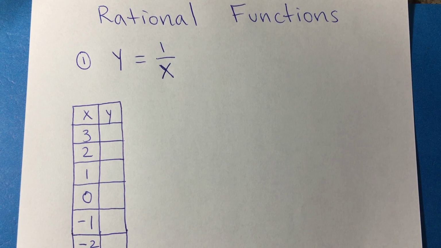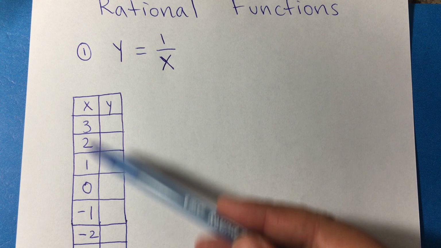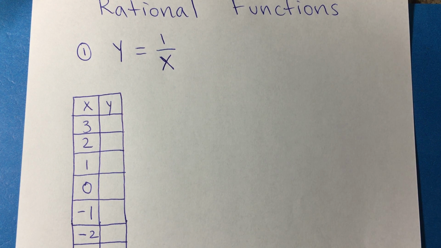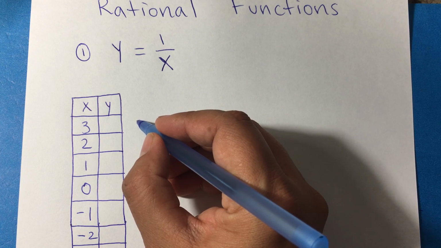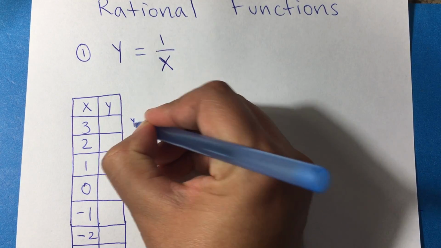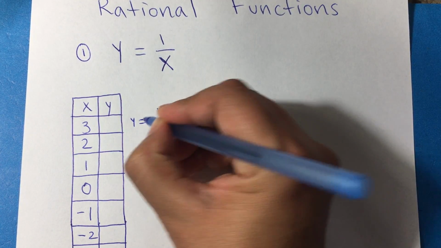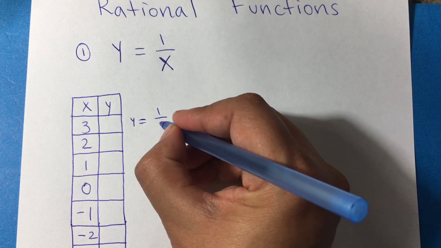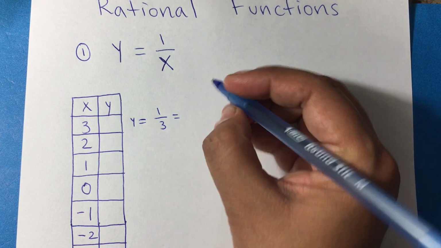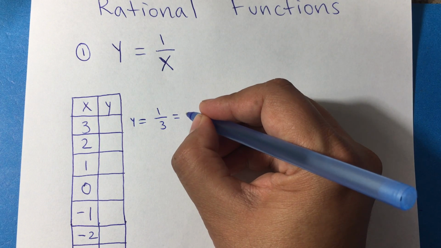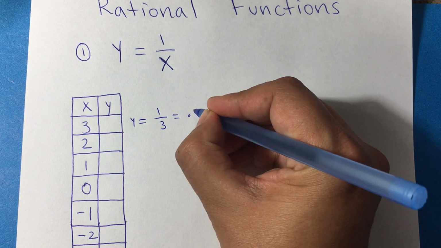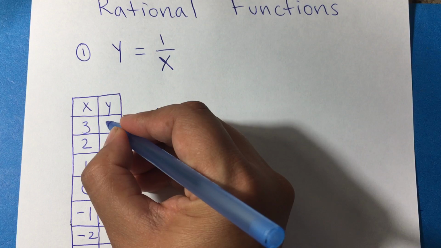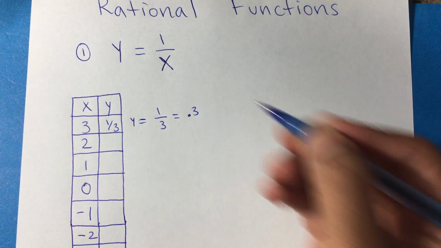For the first one, you don't have to be specific with points; these are some points that I chose. You can just go ahead and forward this video. All you have to do is say y equals 1 divided by the value of x. Here we chose 3, and 1 over 3 is 1/3, or 0.3333. I'll just leave it as 1/3.